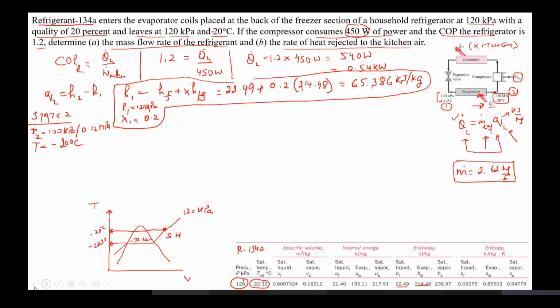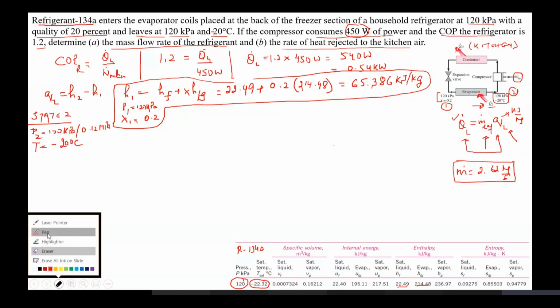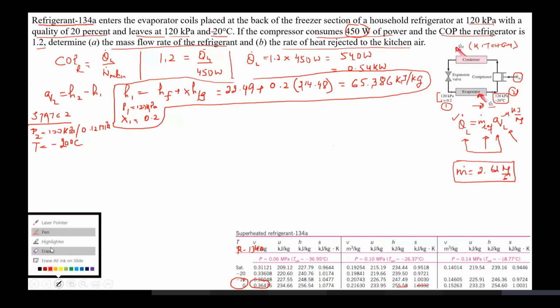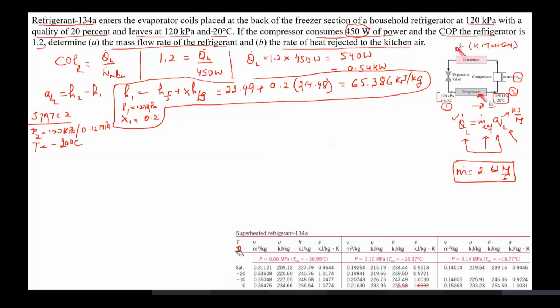Is it clear to you which state my system is in? Yes, sir. All right. So I'll go to the table of superheated refrigerant. In this table, the problem is we don't have the table for 0.12 megapascal.